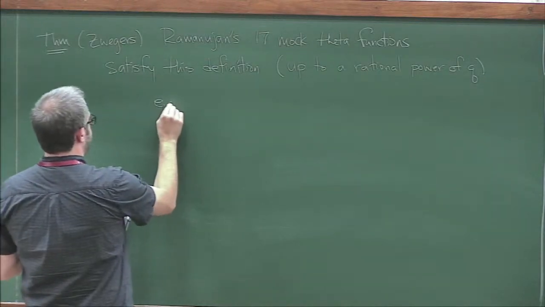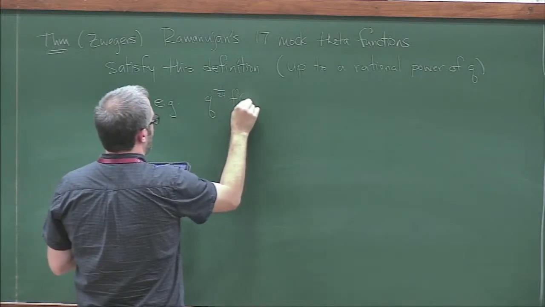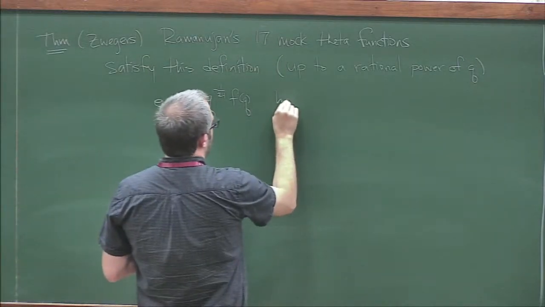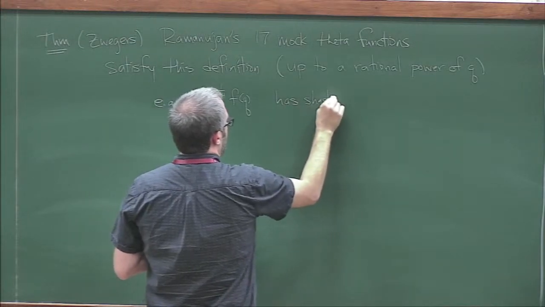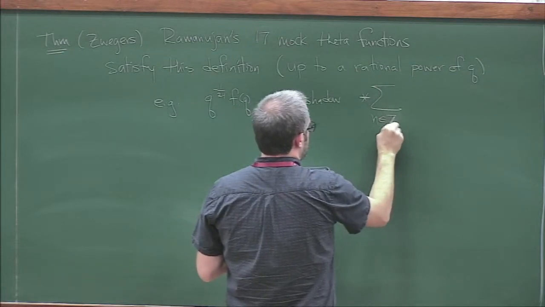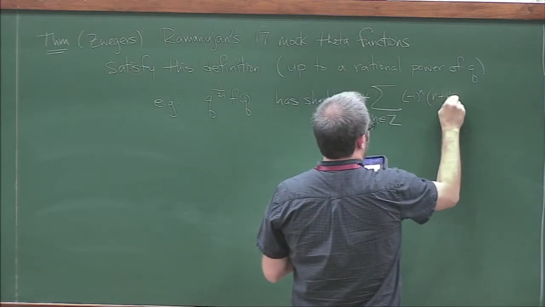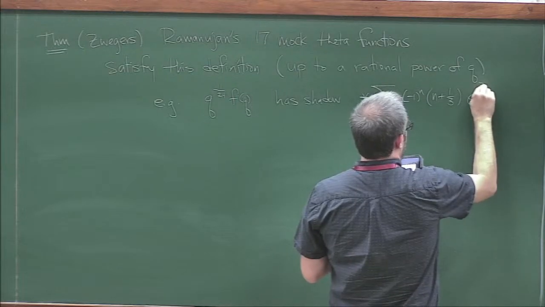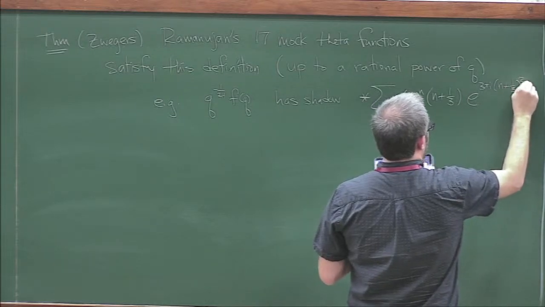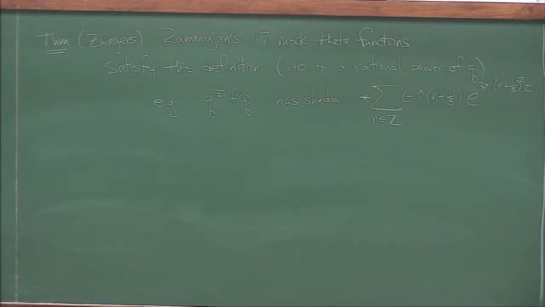So for example, q to the minus 1/24 f of q, where this f of q is the third order Mach theta function, has shadow, and I'll just write this down, some constant times the sum over n in Z of minus 1 to the n times (n plus 1/3) times e to the 3 pi i (n plus 1/3) squared tau. So that's the unary theta function. It's a weight 3/2 cusp form.